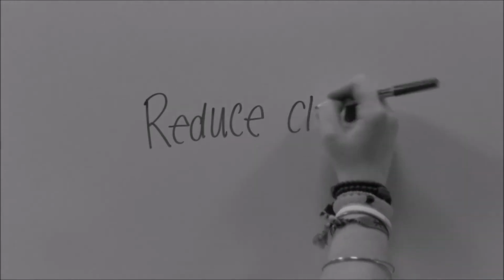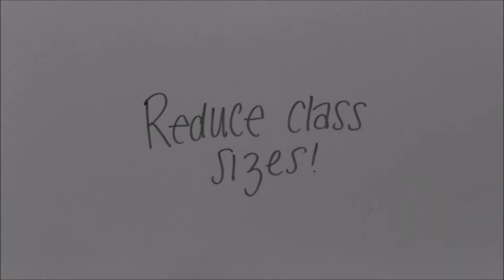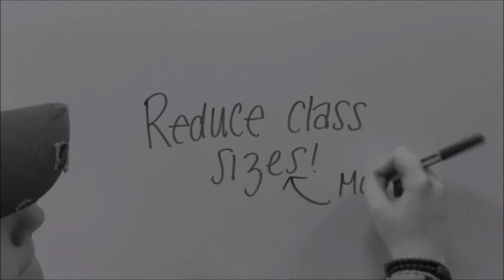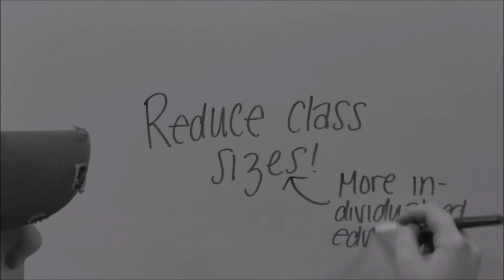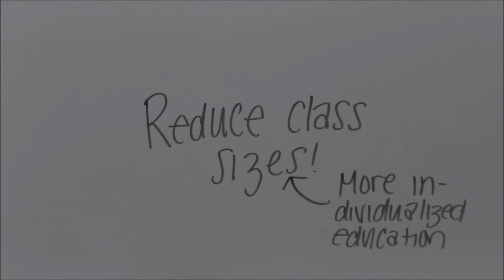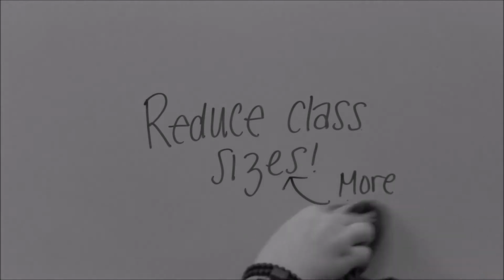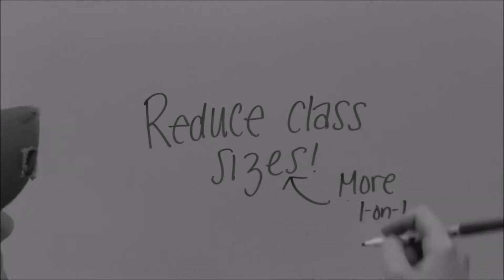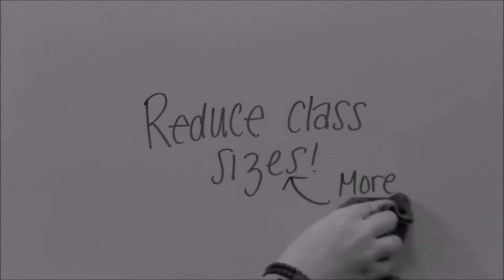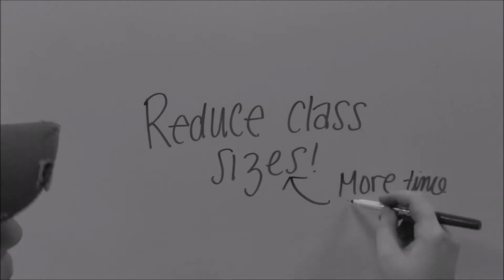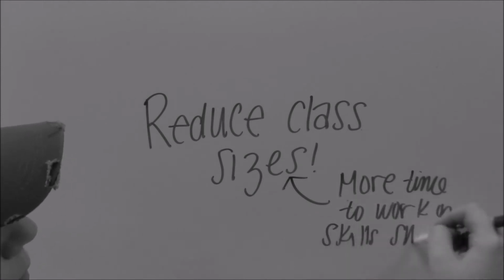Another tip is a little harder to implement, but reducing class sizes. You can do this by creating small reading groups, and this will help you get more individualized time with students with dyslexia, more one-on-one time to help them achieve various skills, especially skills that are found in Common Core.